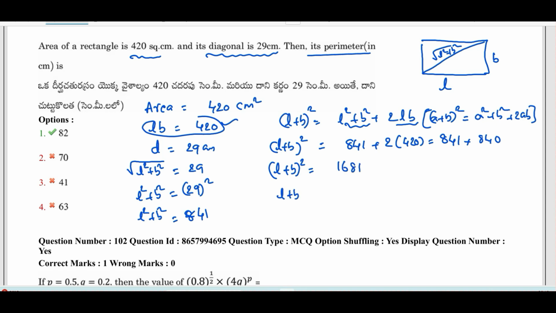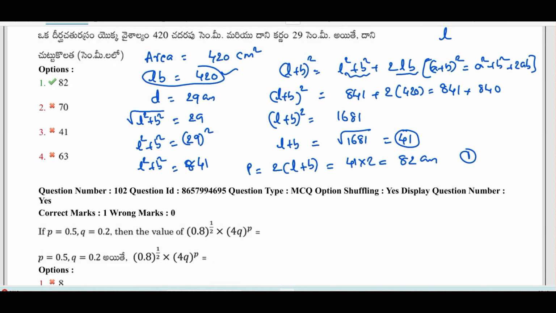From this, L plus B is equal to the square root of 1681, which is 41. We are asked to find the perimeter of the rectangle. The formula of the perimeter of a rectangle is 2 times L plus B. As L plus B is 41, 2 times 41 is 82 centimeters. So the first option is the correct one.